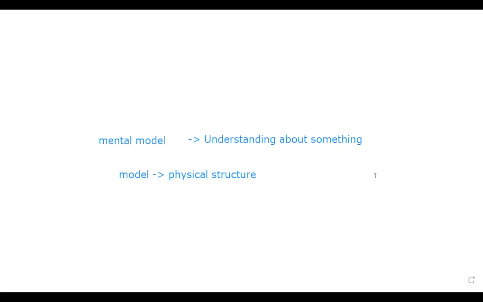At the beginning, when it is a totally new thing, our understanding is very weak, then our mental model will be very small, maybe not very high level. It's a kind of abstract thing, and this abstract thing is the one which we use.